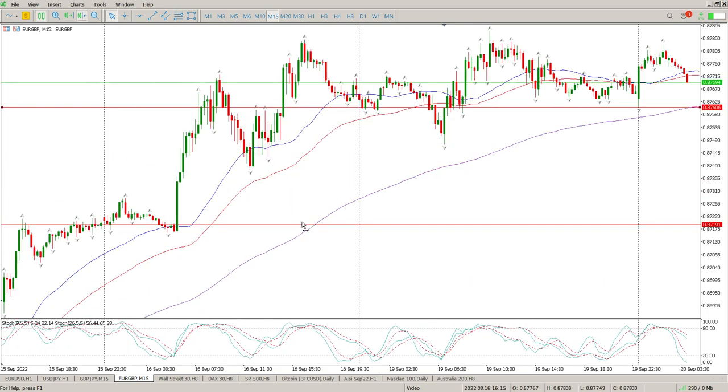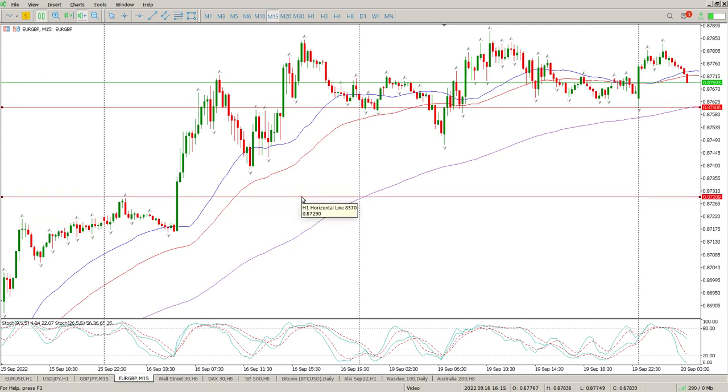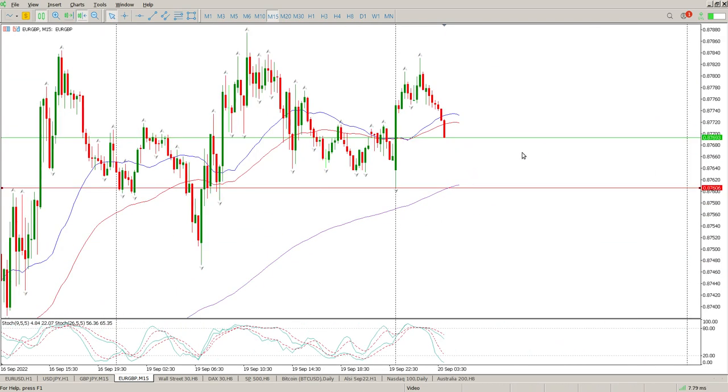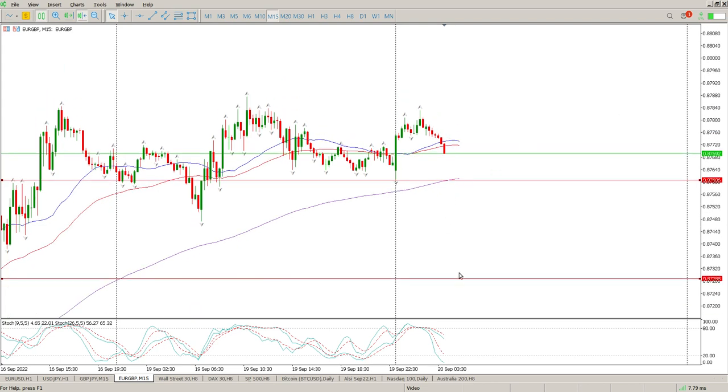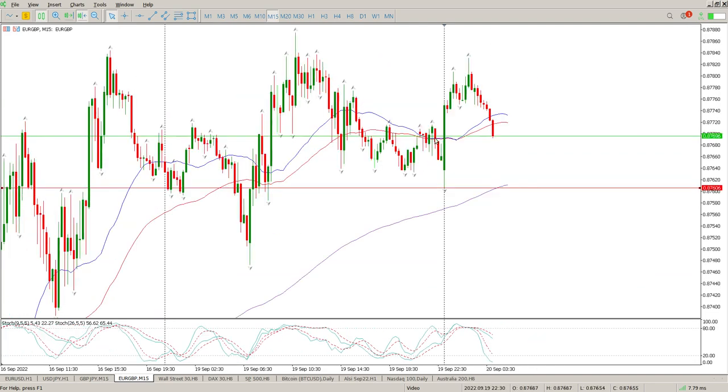Let's just adjust that. The logic is quite simple. Break and retest here, look for the structure, your stop is above the structure, your short entry is just below there, and you're looking for a breakdown to 0.87288. The next bit of logic is also very sound.